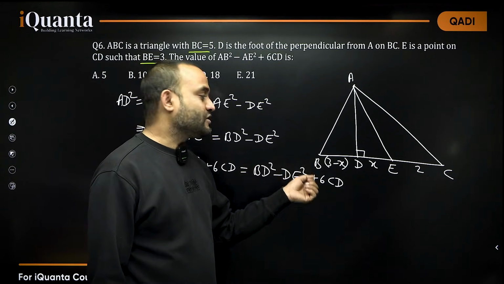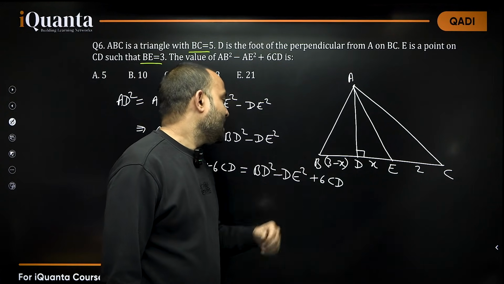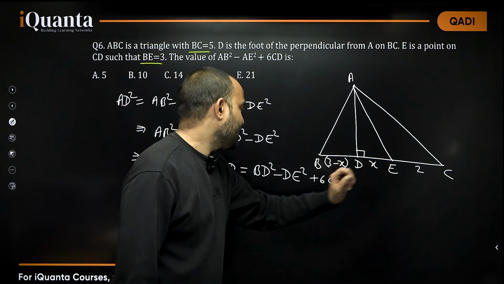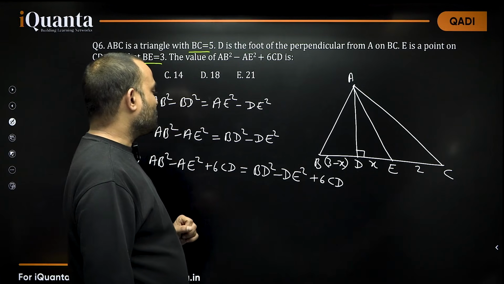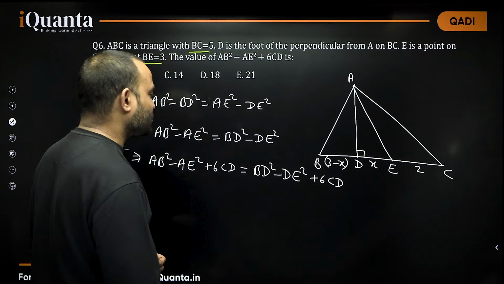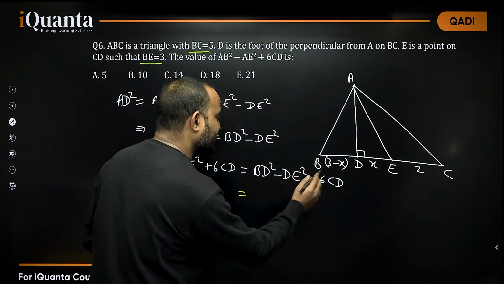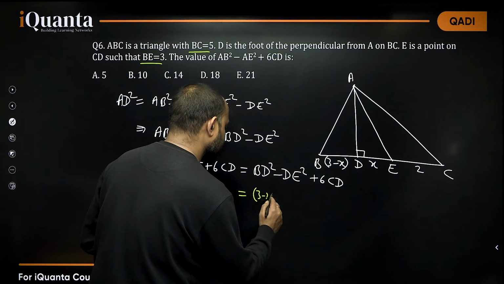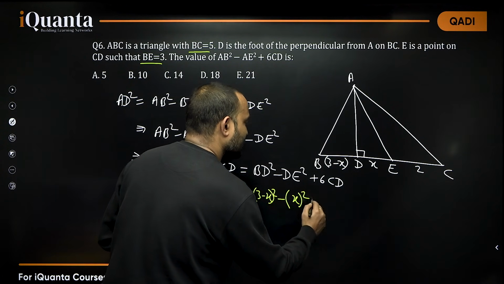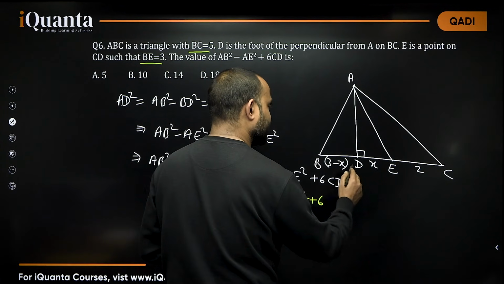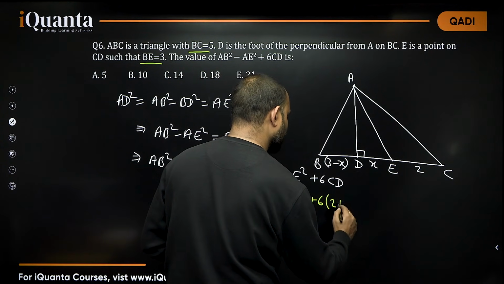Now we can put the values BD as well as CD. What is CD? CD is 2 plus X, correct? So what will happen? Let's see if I put the values. BD is equal to 3 minus X whole square and DE is equal to X square and 6 times CD, and CD is equal to 2 plus X.